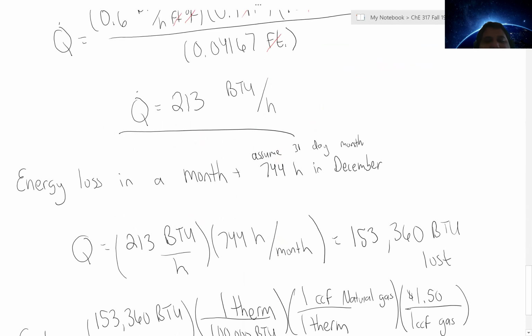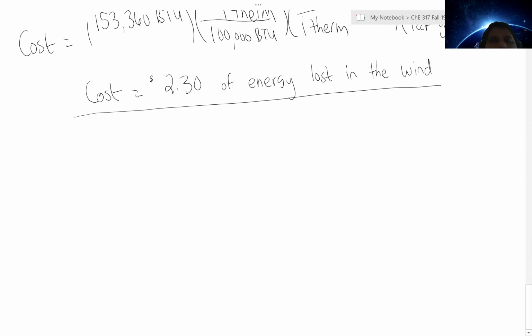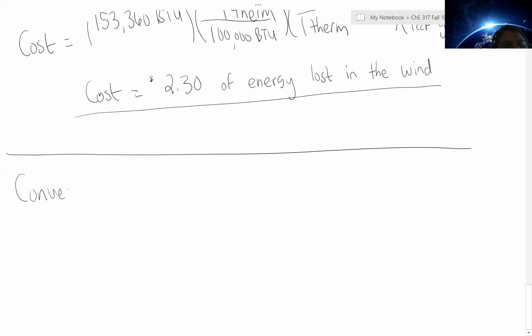All right, we can talk about the next section of interest, which is going to be convection. So convection can be denoted as heat transfer that occurs by fluid motion.